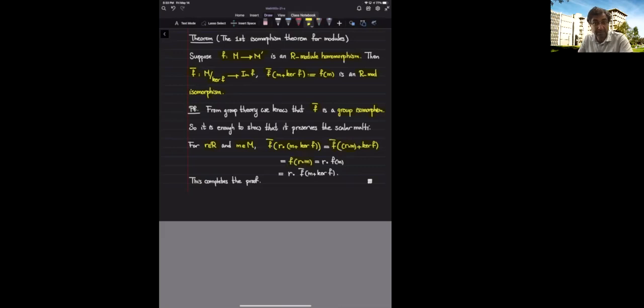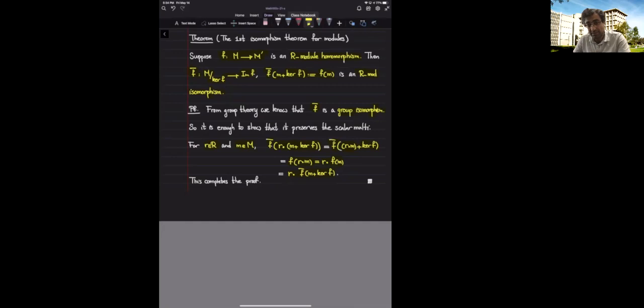But f itself is an R module homomorphism. So f of r times m is r times f of m. Now, f of m is f bar of the coset that's represented by m. So altogether, we get that f bar does preserve scalar multiplications.